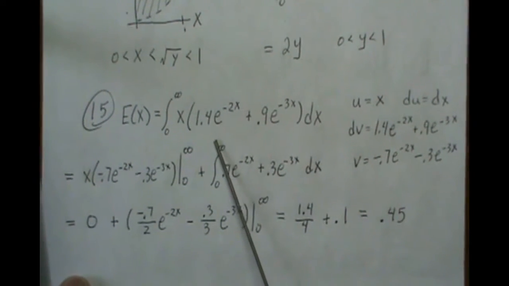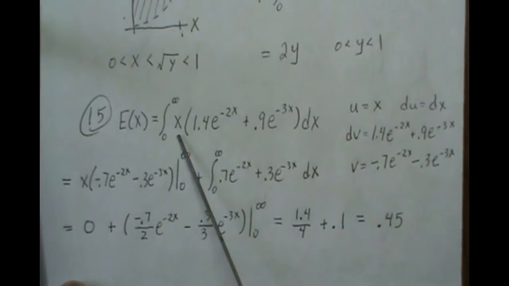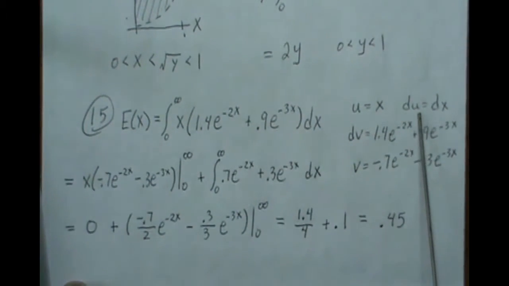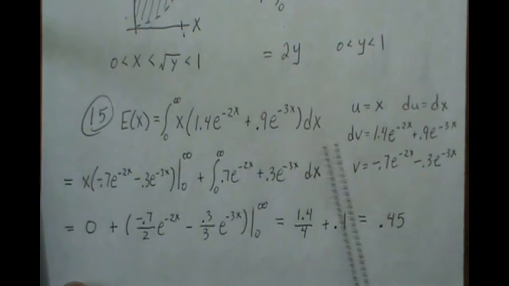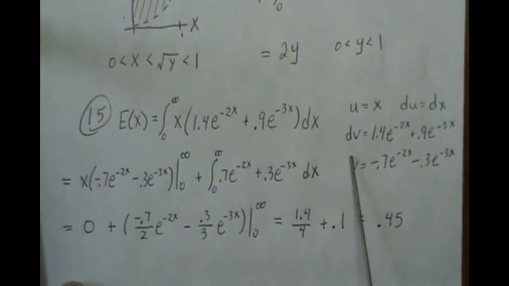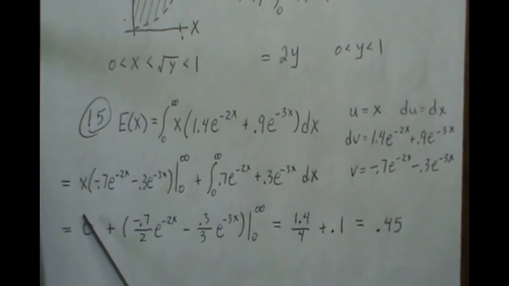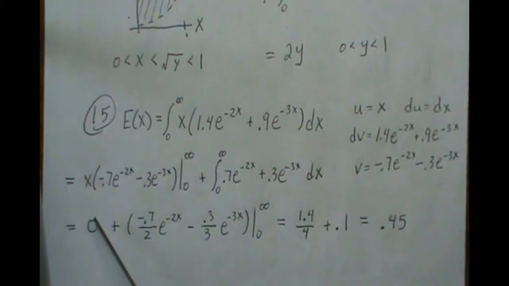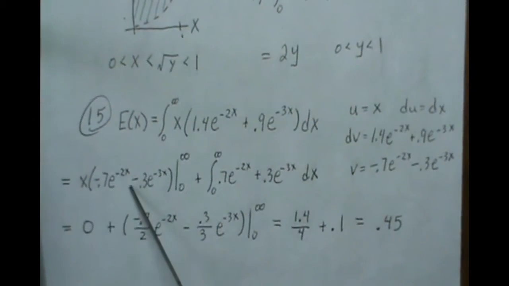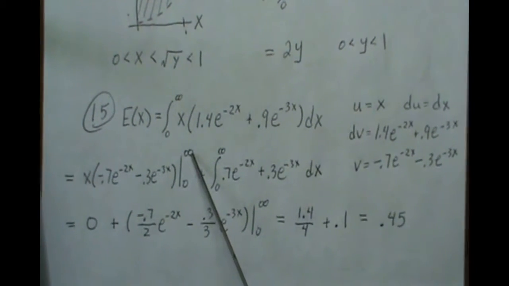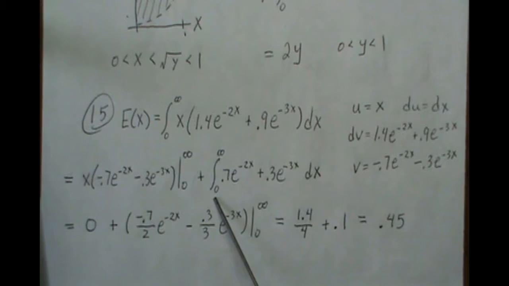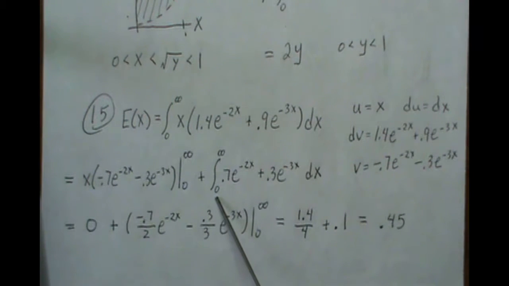So we're going to integrate this by parts. We're going to let u be x, which implies du dx, and this is going to be dv. And then the antiderivative of that is this. So it is uv integrated at its limits, and then it is v du, v dx.